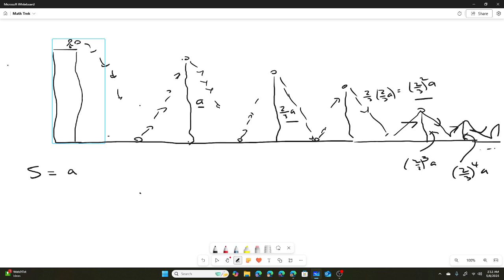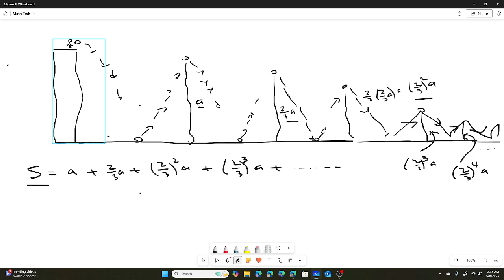The first distance is going to be a. The second is going to be 2/3 a. The third is going to be (2/3)^2 a, then (2/3)^3 a, etc. And this is never going to stop. We want to know the value of S.